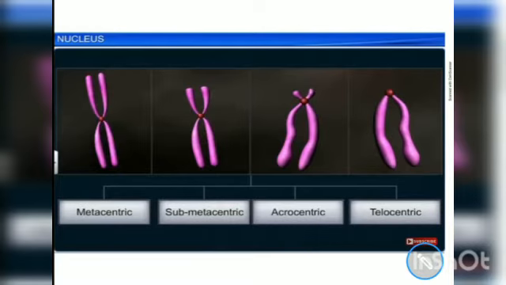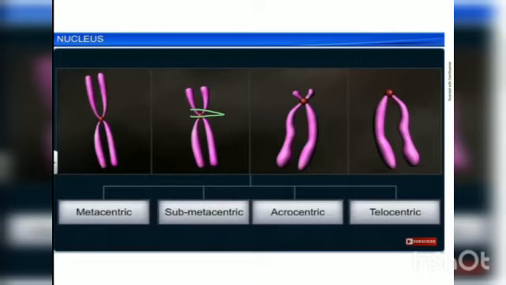In a metacentric chromosome, the centromere is exactly at the middle, which produces two arms of equal length. In a submetacentric chromosome, the centromere remains closer to one arm, so it forms two arms of unequal lengths.